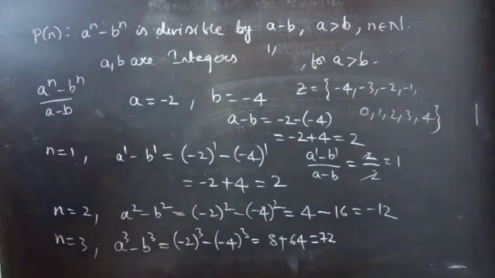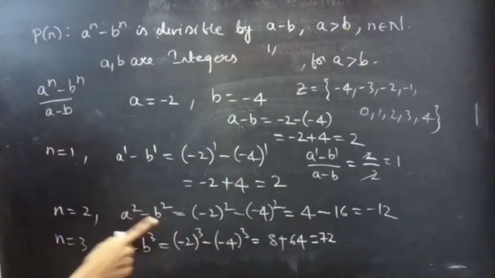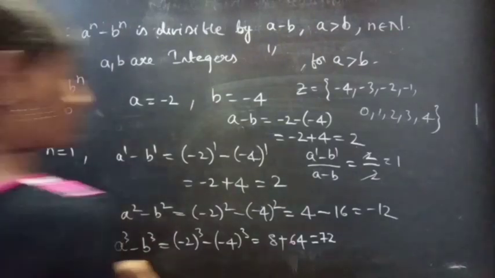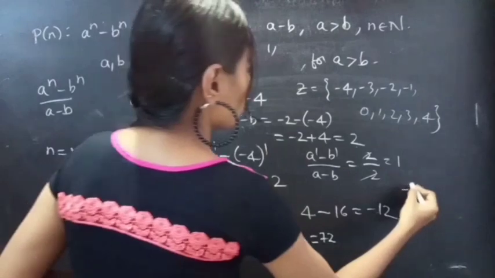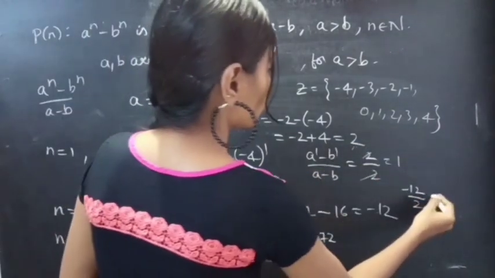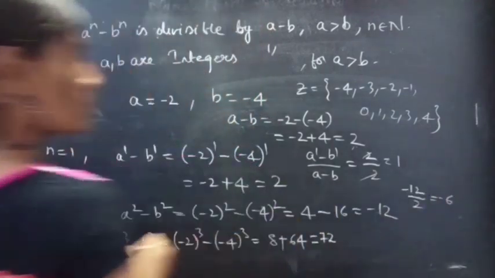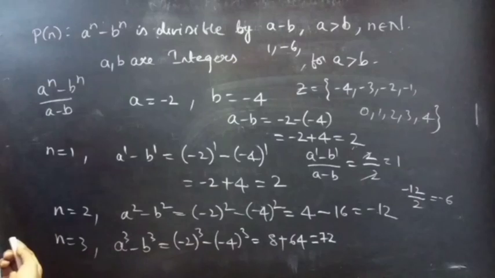And when n equals 2, we'll see whether a square minus b square is divisible by a minus b or not. a square minus b square is minus 12 divided by a minus b, 2, which equals minus 6. So when n equals 2, we'll get the quotient minus 6.